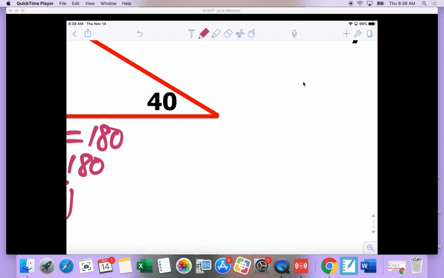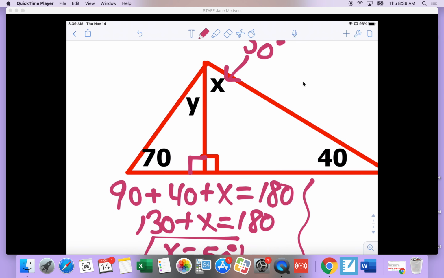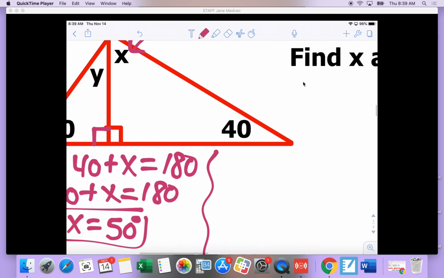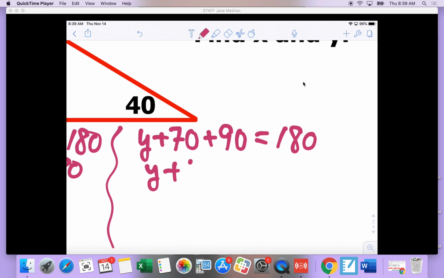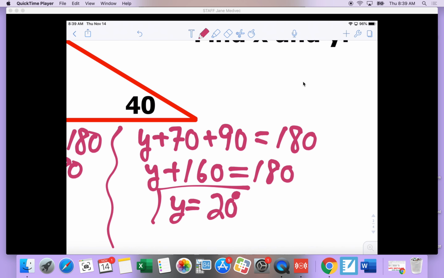And then for y? You could do y plus 70 plus 90 equals 180. So y gives me 20 degrees.